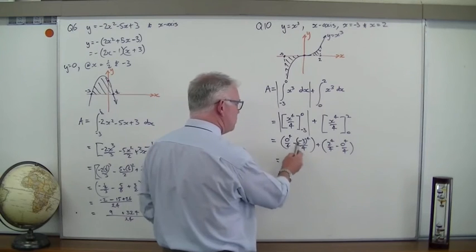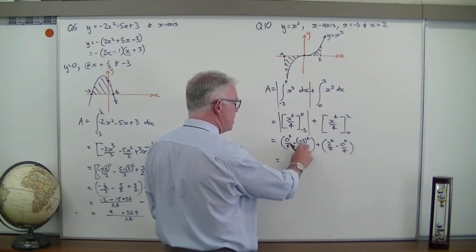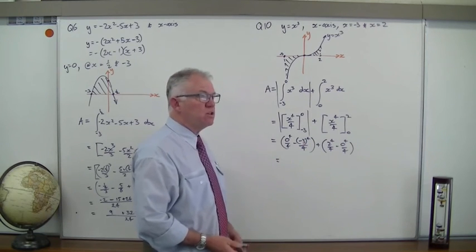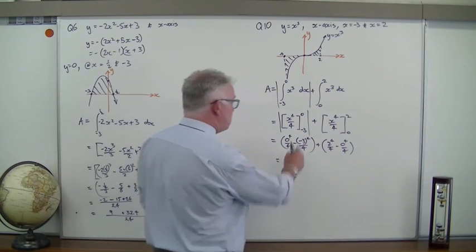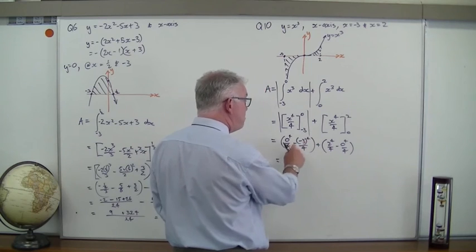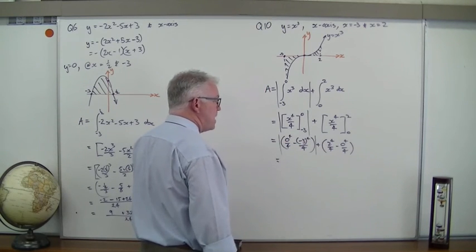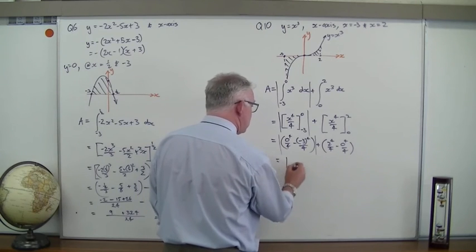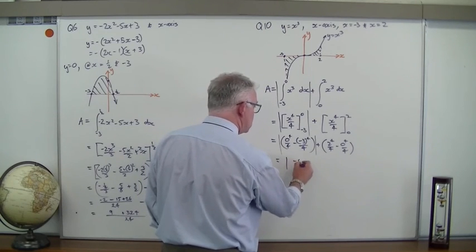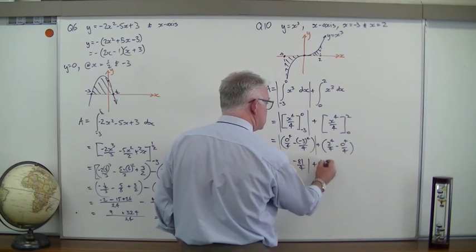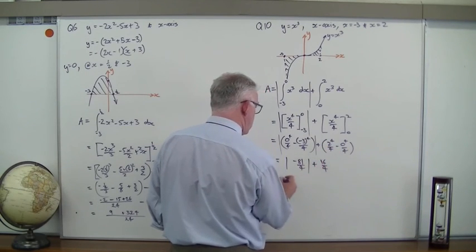But it would seem that we're going to have a negative value inside this bracket, because that would be -3 to the power of 4, which I think we discovered earlier was 81. So 81, but because we've got absolute value signs, it'll be the absolute value of -81 on 4 plus 16 on 4.